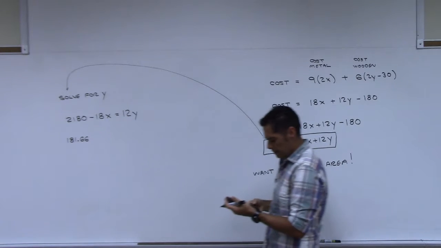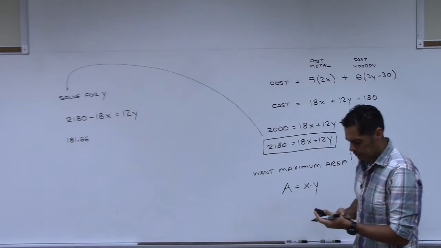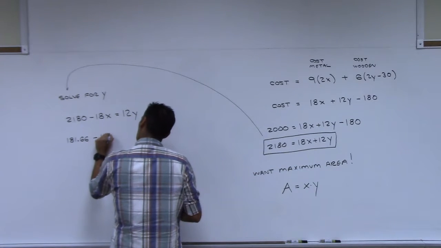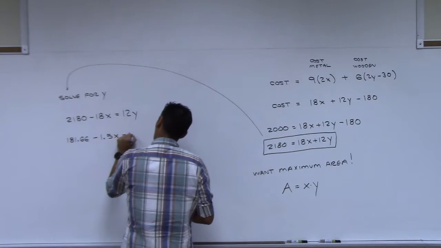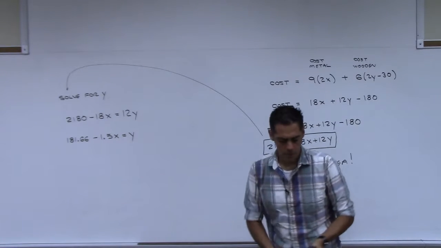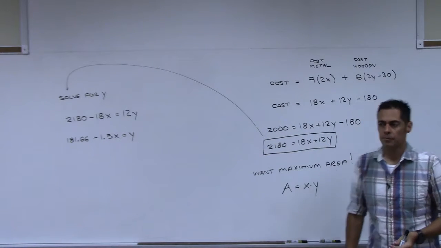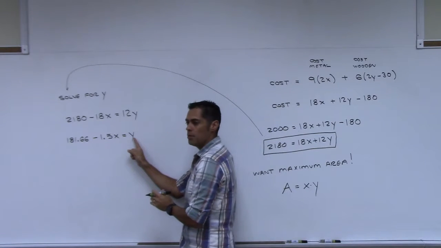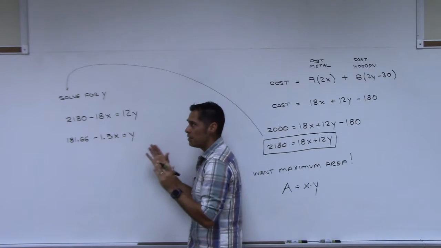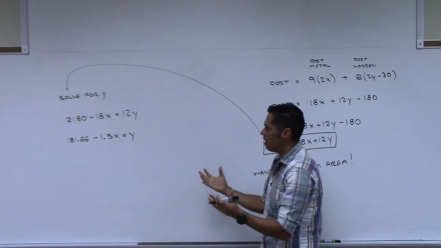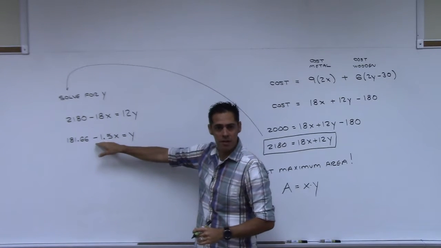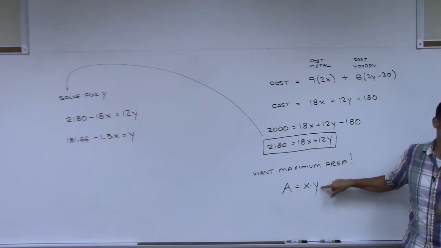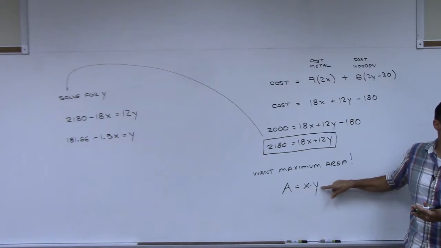Yes? Okay. So 18 divided by 12, 1.5x equals y. With me? Okay, now I'm going to take that information. This is what y has to be equal to. In order for us to build this fence and spend all $2,000, y has to be equal to this. I'm going to take that value and I'm going to replace this y with that expression up there.